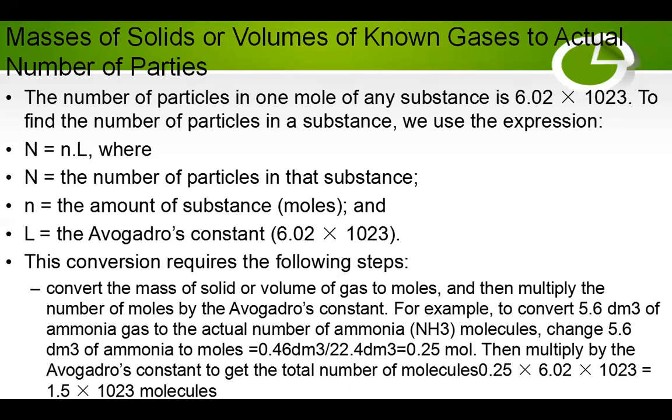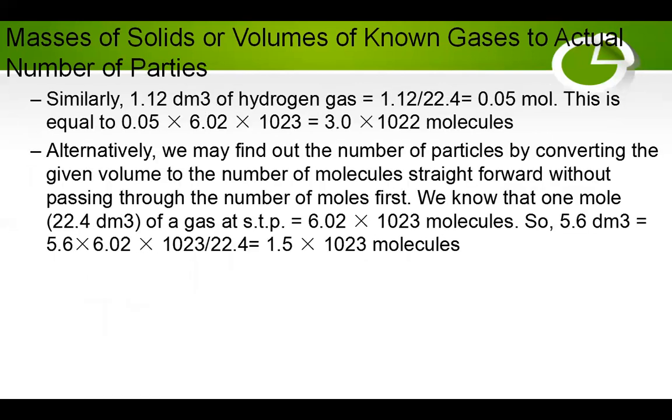So it will be equal to 0.25 times 6.02 times 10 raised to 23, which is equal to 1.5 times 10 raised to 23 molecules. Similarly, for 1.12 decimeter cubed of hydrogen gas, 1.12 divided by 22.4 gives 0.05 mole, which is equal to 0.05 times 6.02 times 10 raised to 23, that is equal to 3.0 times 10 raised to 22 molecules.